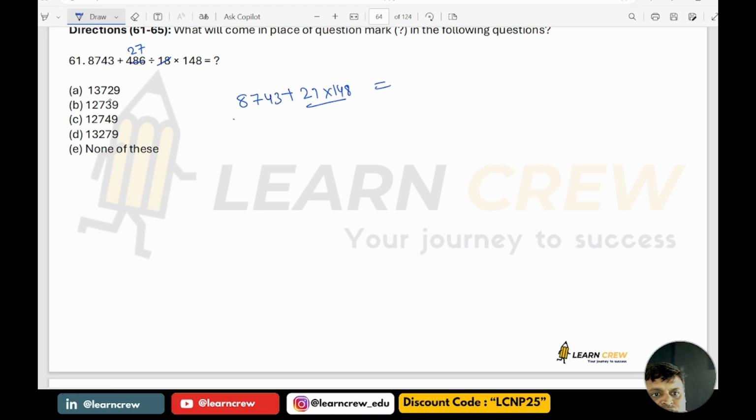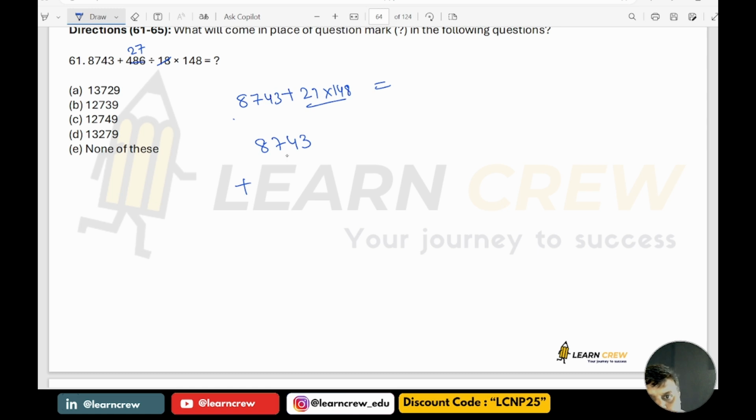Now here it is how much? 13729. Am I correct? 8743. So if you see here, it is how much? 13729. Both have same digital sum. So you can't apply. You have to just multiply. It is 8743. 27 into 148.